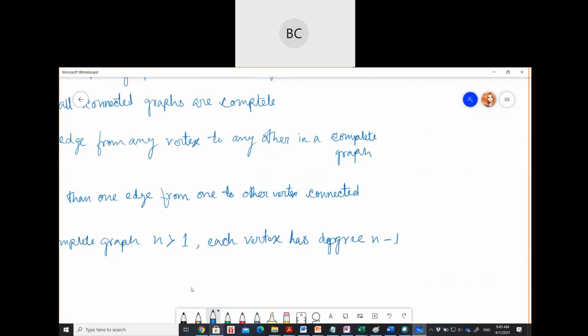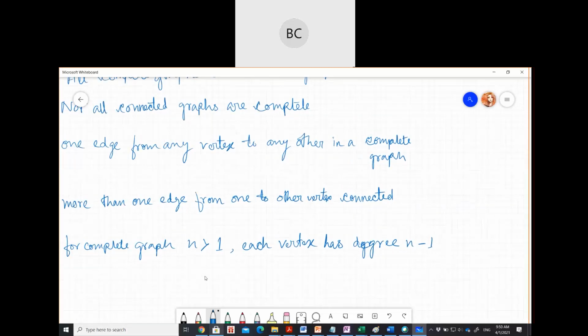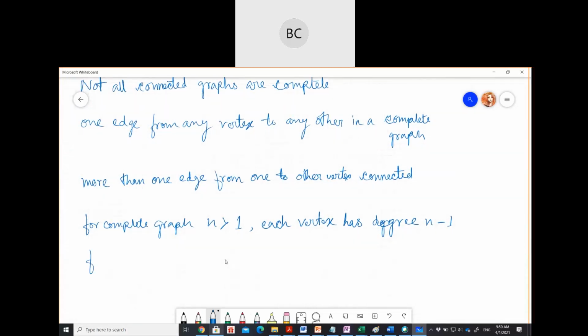And in case of a connected graph with n vertices, a vertex may have any degree greater than or equal to 1. Okay.